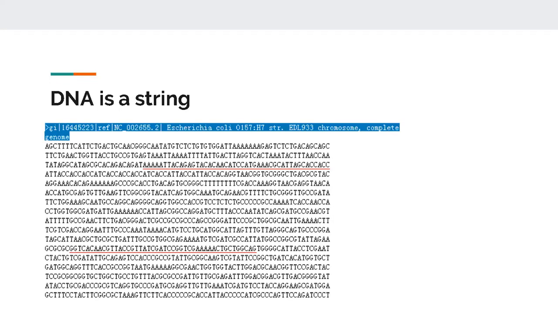Now we are going to shift gears from talking about the biology of the DNA to how we can computationally look at the DNA. One of the first things that comes to mind is that DNA can be written down in a file as a big string. What you're seeing over here is a part of the genome of Escherichia coli.